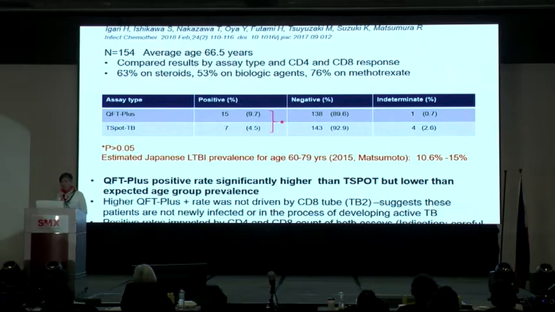But what you see when QuantiFERON Plus is compared to T-SPOT is that the positive rate is double that. So it's 9.7% positive versus 4.5% for T-SPOT. The indeterminate rate was also lower. You had an indeterminate rate of less than 1% compared to 2.6% for T-SPOT.